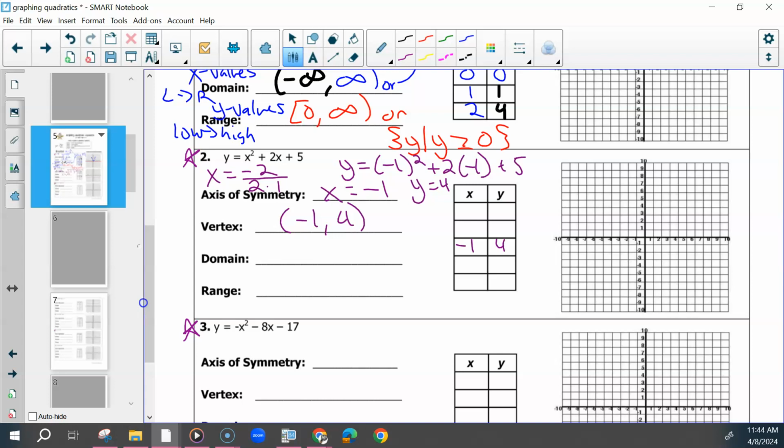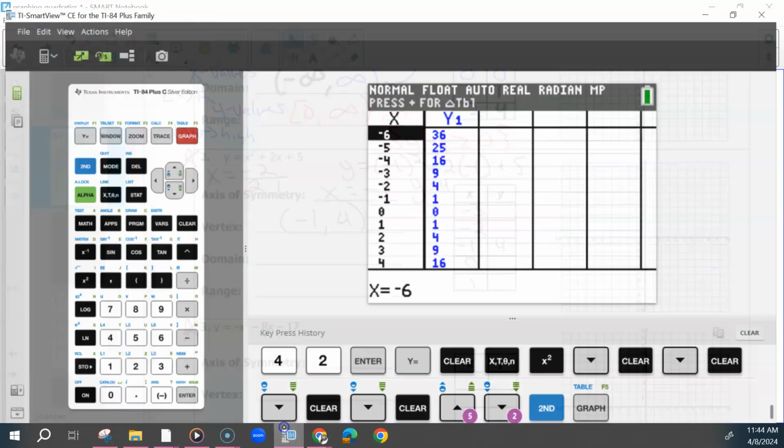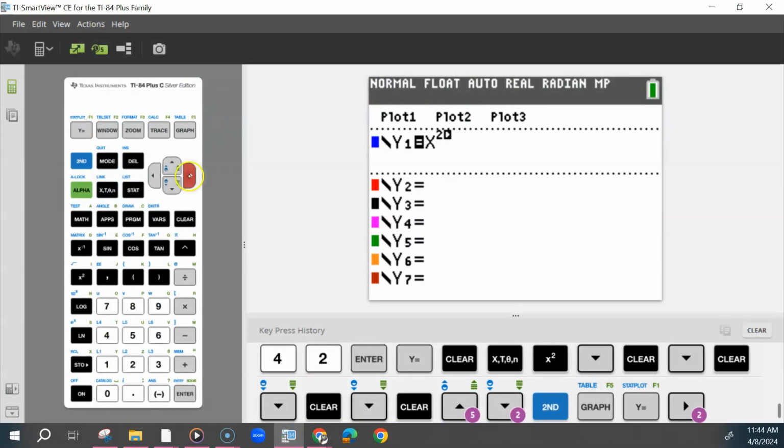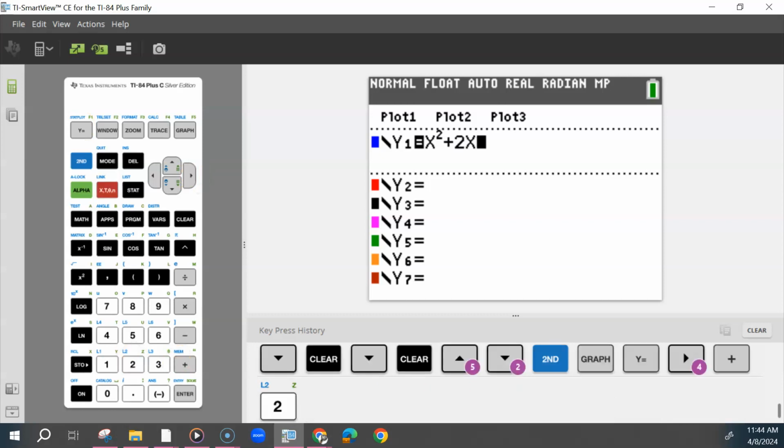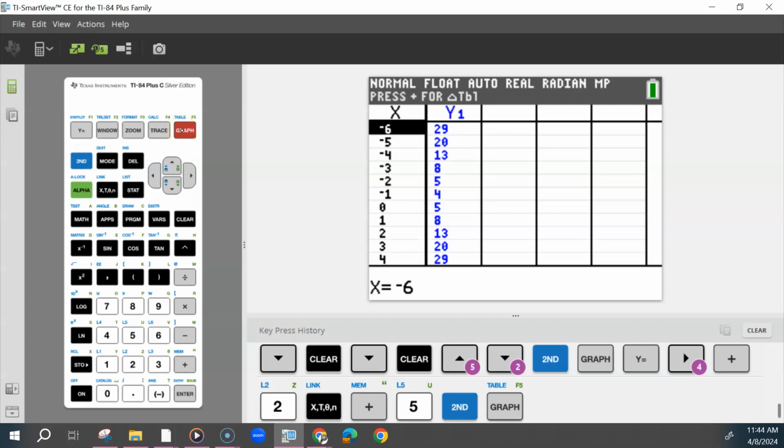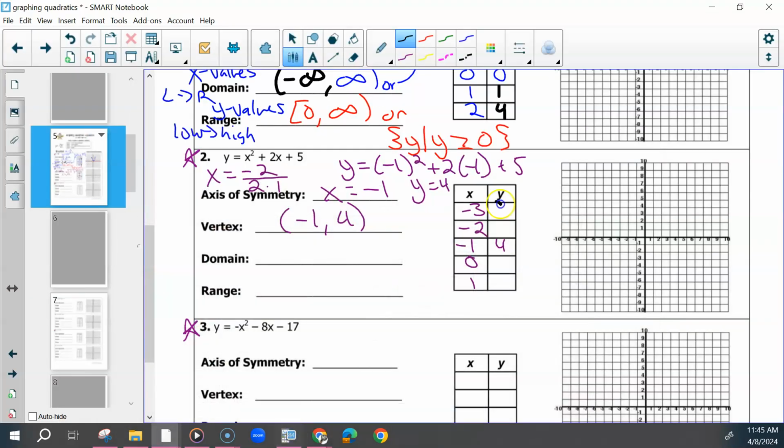Fill out your x's, go backwards 2, forwards 2. And then let's find our missing ones by putting this in. x squared plus 2x plus 5. Go into the table, find those values. So your vertex was at negative 1, 4, so 5, 8, 8, 5, 4, however you look at that, 8, 5, 5, 8.